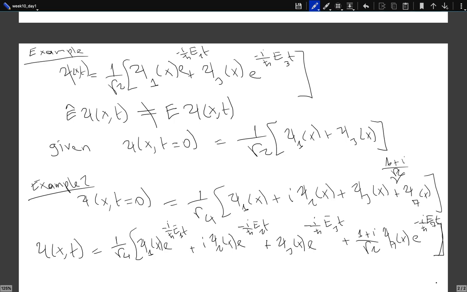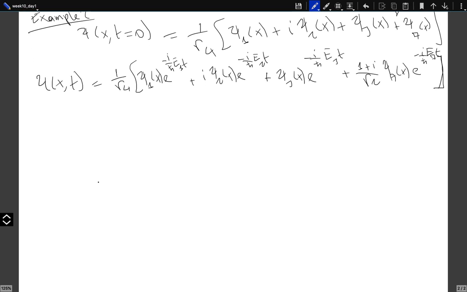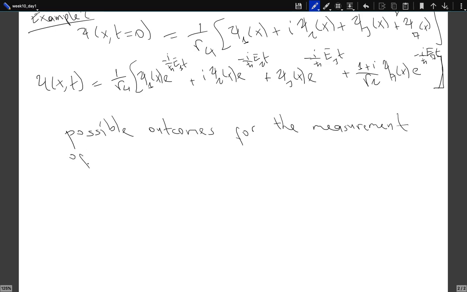Now, before continuing with your questions, let me also make a distinction between possible outcomes for the measurement of some observable.